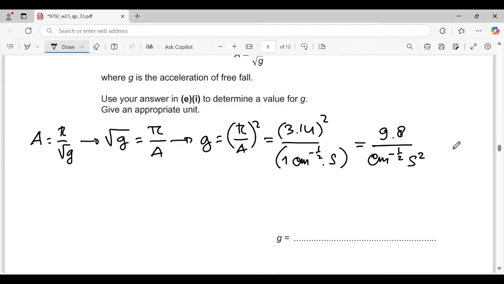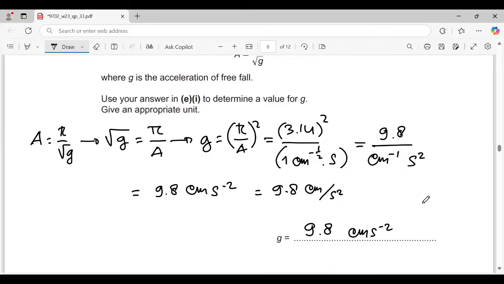Actually, this becomes minus 1, because minus half times 2 is minus 1, and it becomes 9.8 centimeters s power minus 2, or 9.8 centimeters over second squared, 0.8, like that.